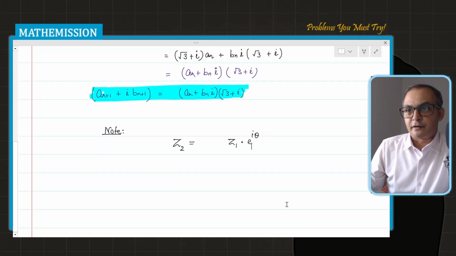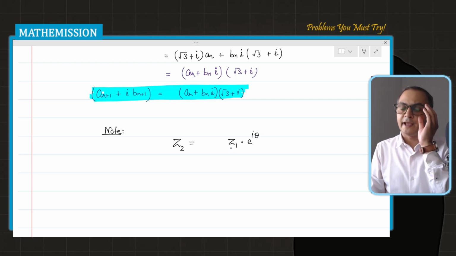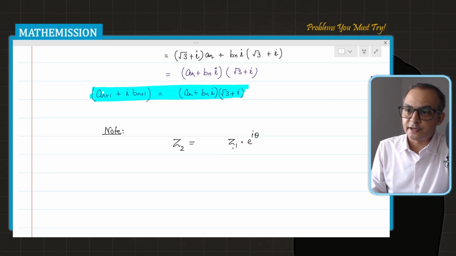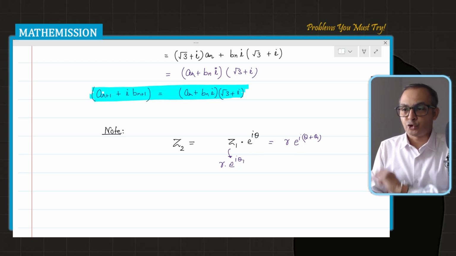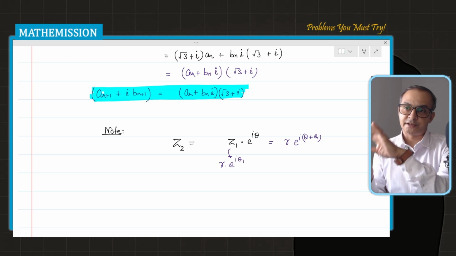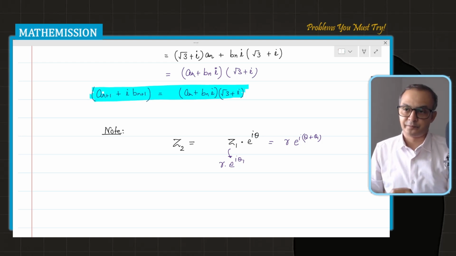I don't care what the angle of z1 is, but whatever angle z1 possesses, let us say z1 has magnitude r and argument theta 1, so z1 is r e to the power i theta 1. So when we multiply, we get r times e to the power i (theta plus theta 1). It means now z2 is the z1 rotated by theta units.